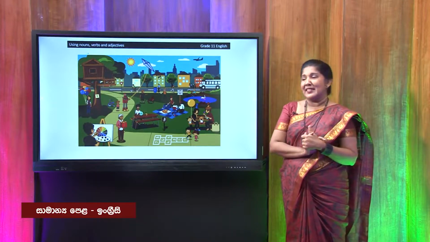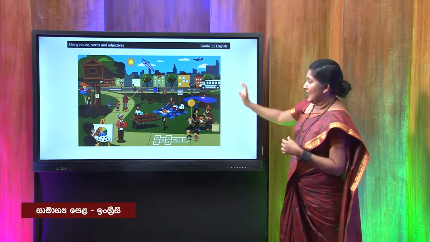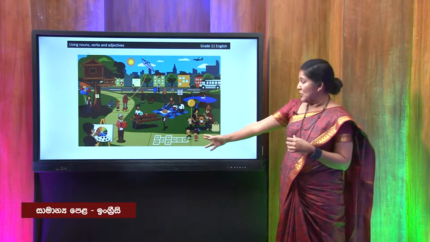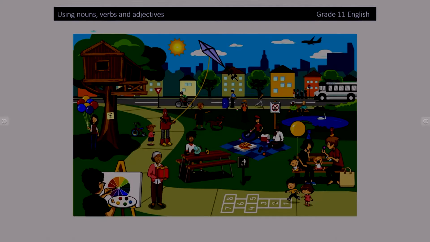All right. Now for example, you see there are two kids there, two children, and they are playing hopscotch. Here, the game that they play here is hopscotch. Maybe for some of you, it might be a very familiar word, but for some, it might be the first time that you learn.